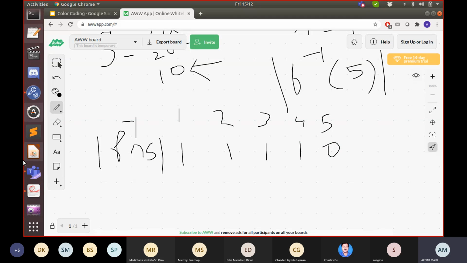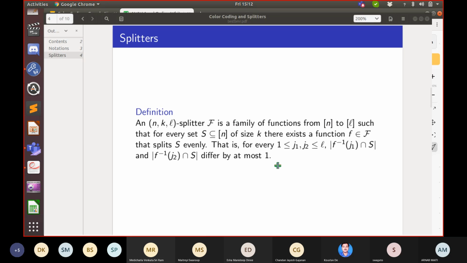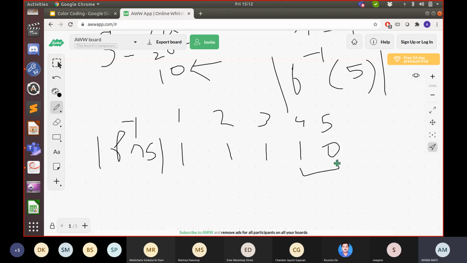What this property wants is that the difference between any two of these numbers will be at most 1, if you calculate this f inverse intersection S. So the difference will be at most 1.